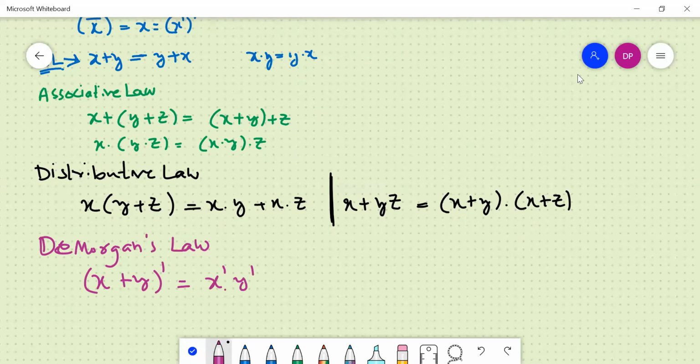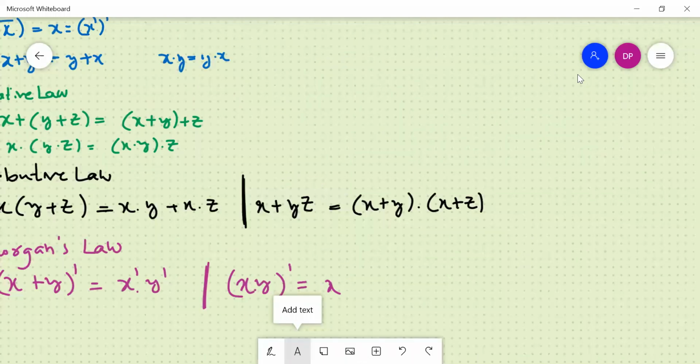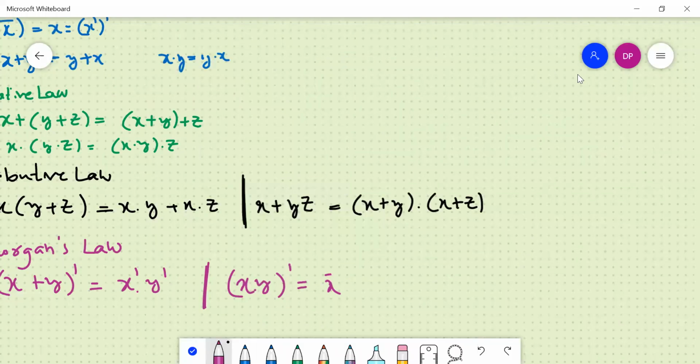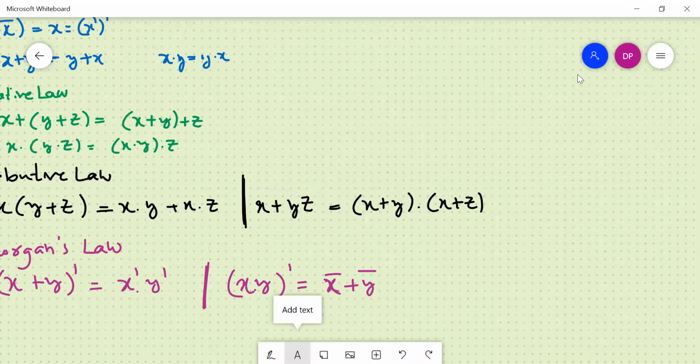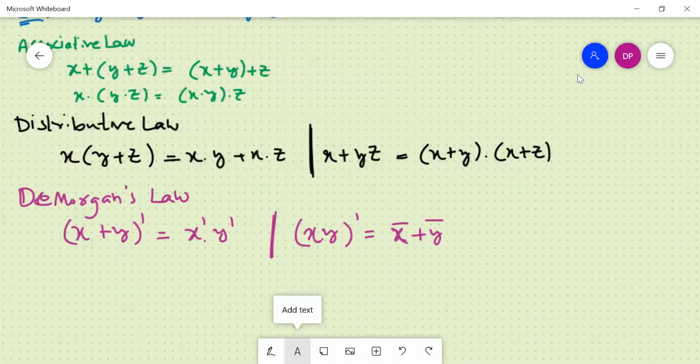This is one law. What is the other law? If you take X and Y, its complement can be written as X complement or with Y complement, right? This is De Morgan's law.